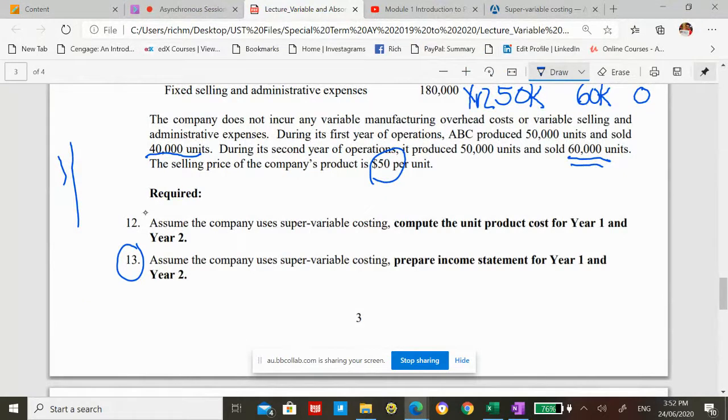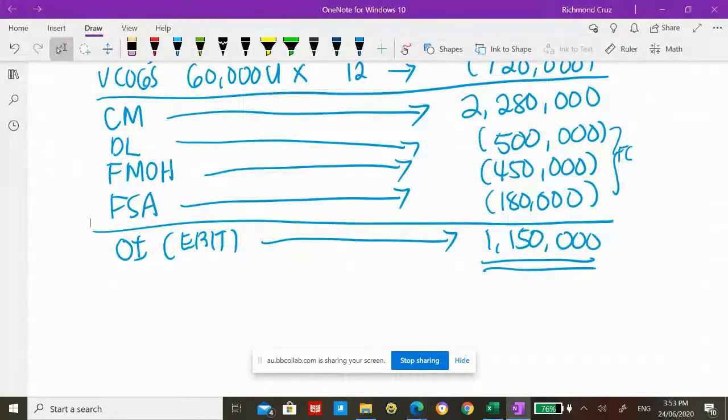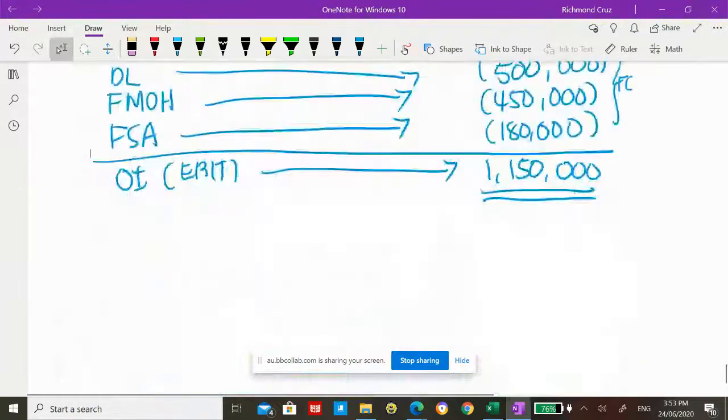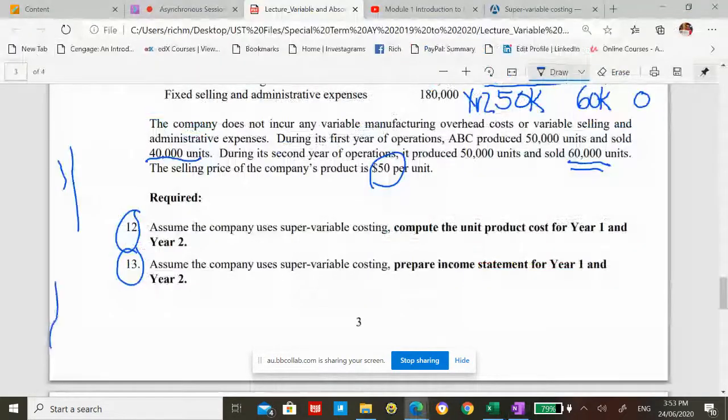So this is number 13. We're done with number 12, which is $12, and number 13, which is the net income from what we have computed a while ago. The 390,000 for year 1 and 1,150,000 for year 2.